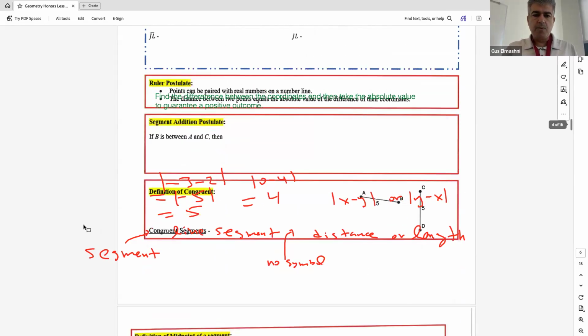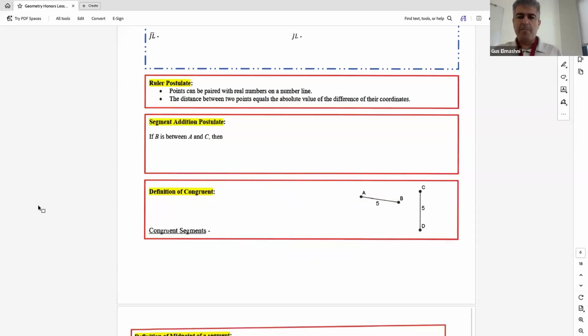Ruler postulate, that's kind of a dumb one. Points can be paired with real numbers on a number line, of course, and the distance between two points is the absolute value of the difference. Fine. This next one I do care about: the Segment Addition Postulate. I like to abbreviate it as SAP. We're going to be doing proofs down the line. It's pretty obvious.